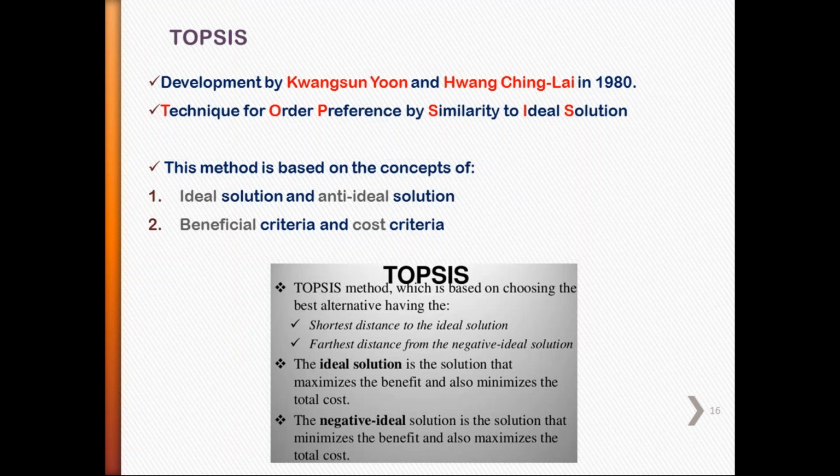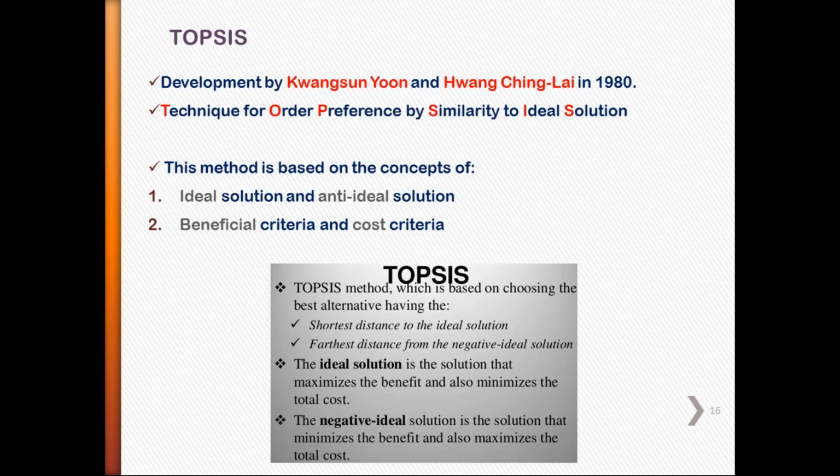But anti-ideal solution is the reverse one, which minimizes benefit criteria and maximizes cost criteria. Understand? Ideal solution maximizes benefit criteria, minimizes cost criteria, whereas anti-ideal solution minimizes benefit criteria, maximizes cost criteria.